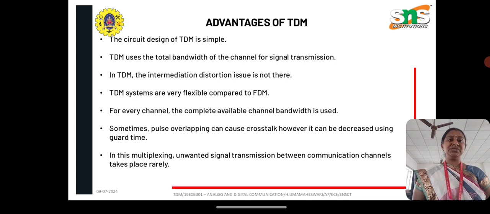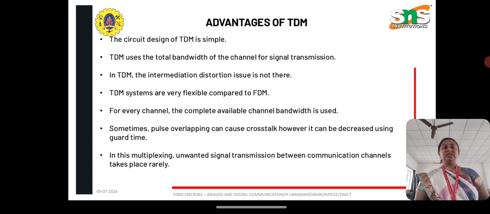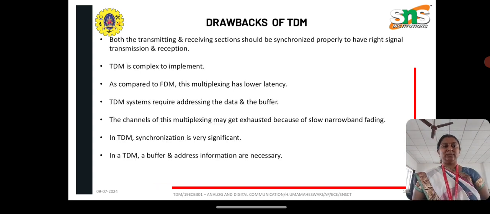The main advantage of time division multiplexing is that it uses the total bandwidth of the channel for signal transmission. TDM systems are very flexible compared to FDM. For every channel, the complete available channel bandwidth is used. Sometimes pulse overlapping can cause crosstalk, however, it can be decreased using guard time.